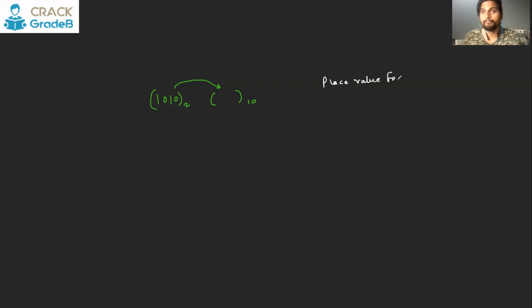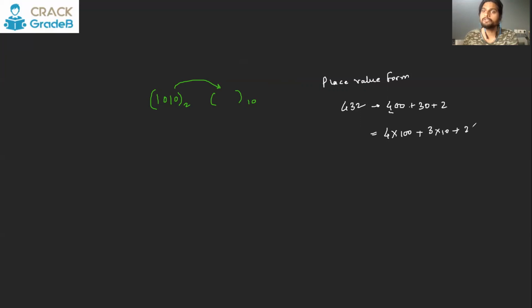For example, if I write the number 432 in its place value form, how do you write it? 4 is in the hundreds place, so we write 400. Plus 3 is in the tens place, so we write 30, which is 3 into 10. And 2 is in the unit place, so we write 2. Basically, because 4 is at the hundreds place, we multiply 4 by 100. 3 is at the tens place, so you multiply 3 by 10.